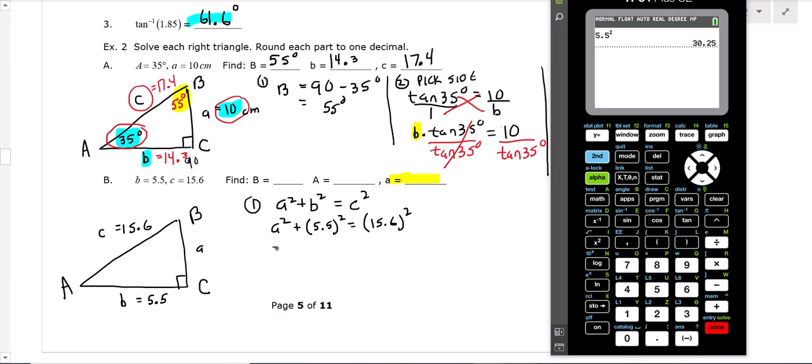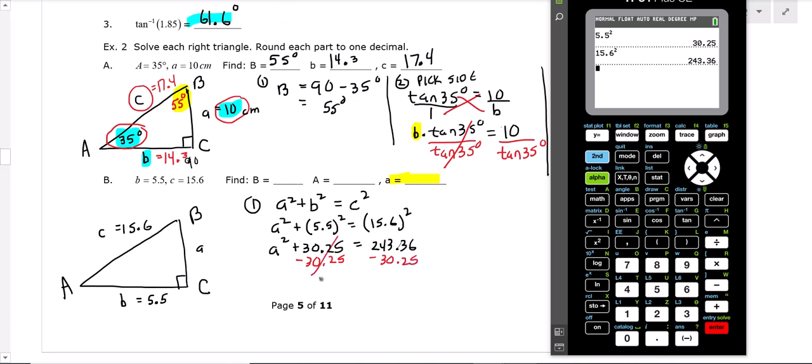So that's going to be A squared plus 30.25 equals, and then I'm going to do 15.6 to the second power, and that will give me 243.36. Okay, isolate the A squared, so you subtract 30.25 from both sides.